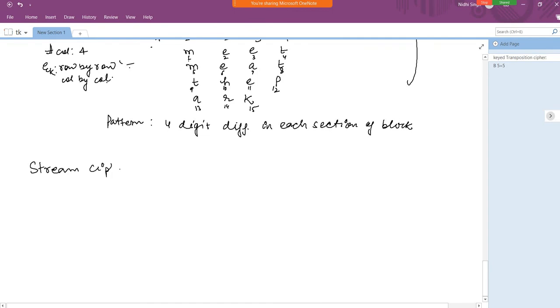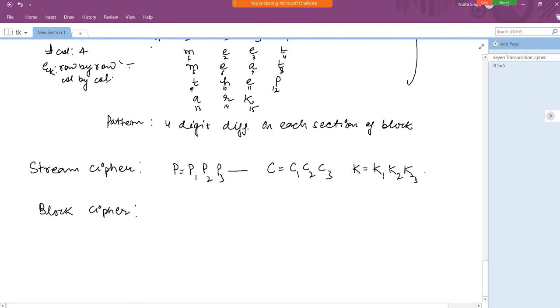Then what is a stream cipher and what is a block cipher? The symmetric cipher is divided into two types. The first one is the stream cipher and the second one is the block cipher. The stream cipher is very simple to understand. You have to perform the encryption on each alphabet separately, like P1, P2 and P3. The corresponding ciphertext will be C1, C2 and C3. And the key is also in the form of a stream, that is K1, K2 and K3.